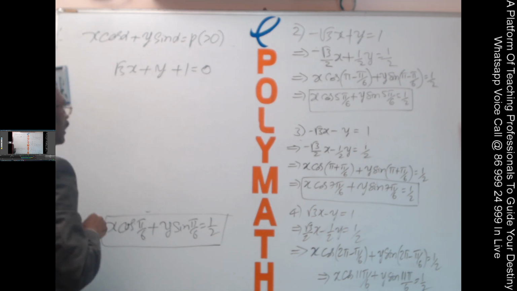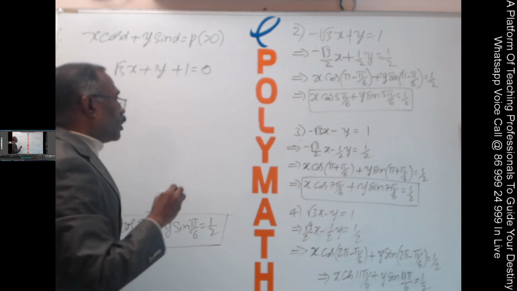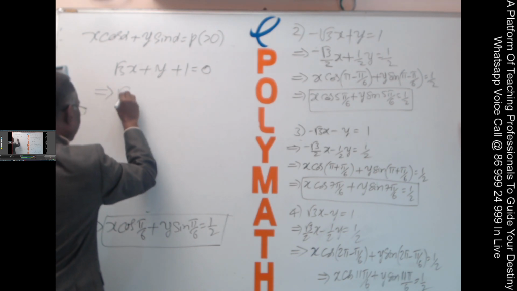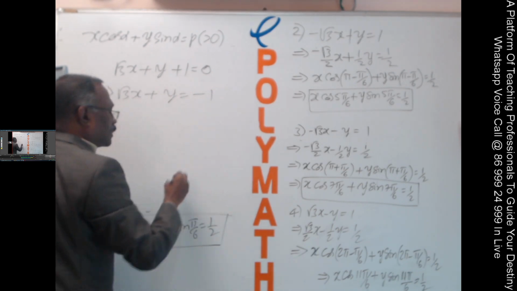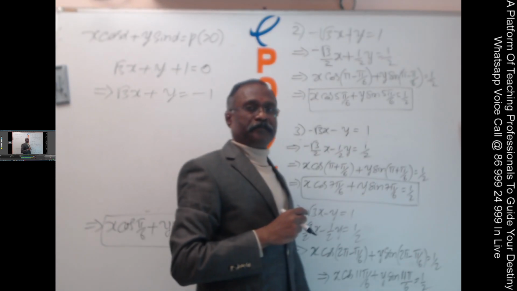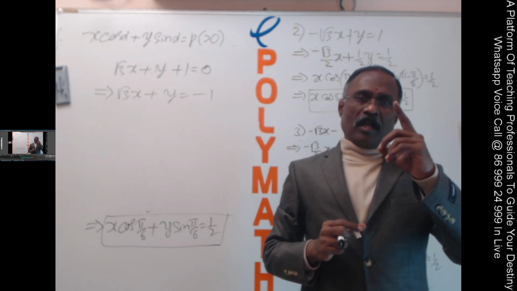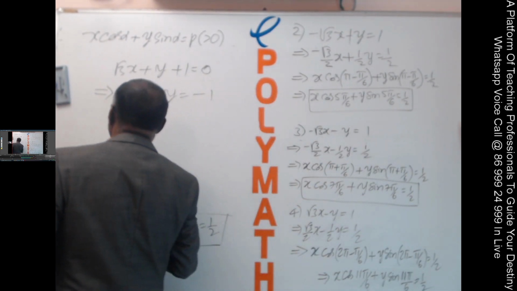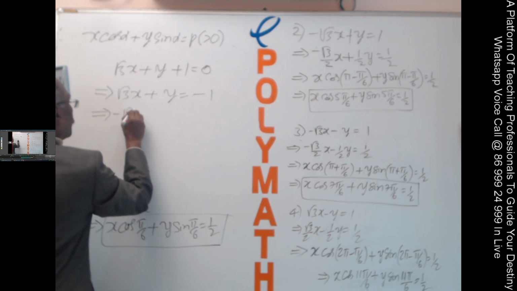Now you have to convert it to the normal form. Then root 3x plus y, bringing that constant to the other side, is minus 1. But your RHS must always be positive, and hence you multiply throughout with minus. Very important point is this.